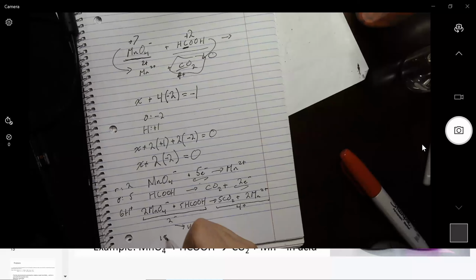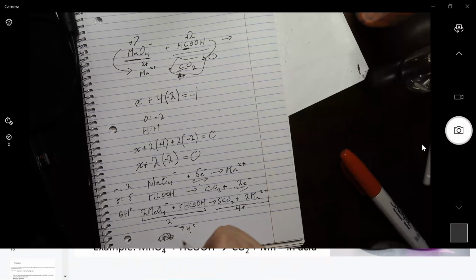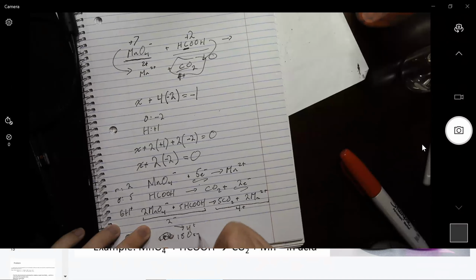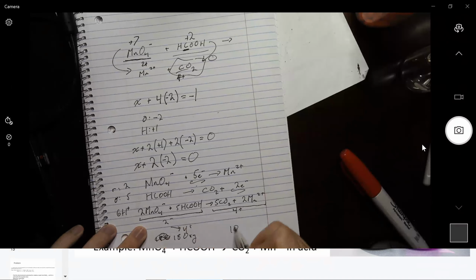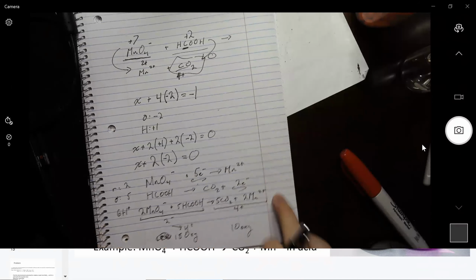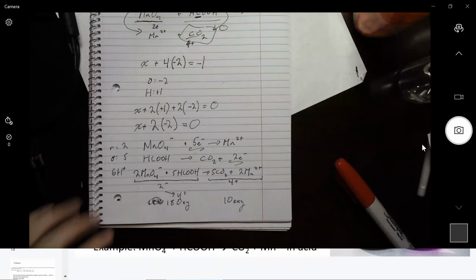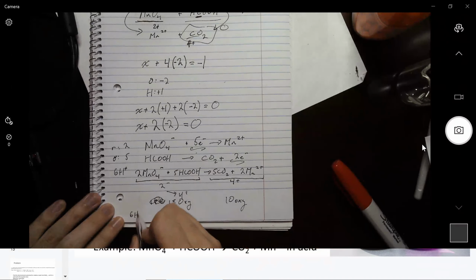Yeah, so we need to add H2O, and we should add 8 H2O to this side, right? Because we need more oxygens here. So the final reaction is this.